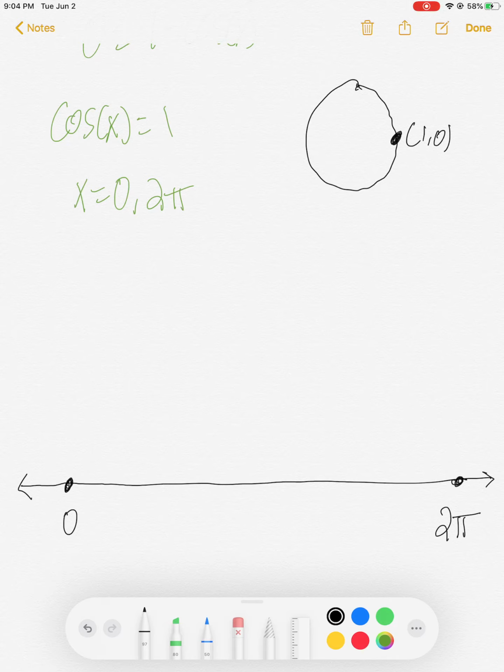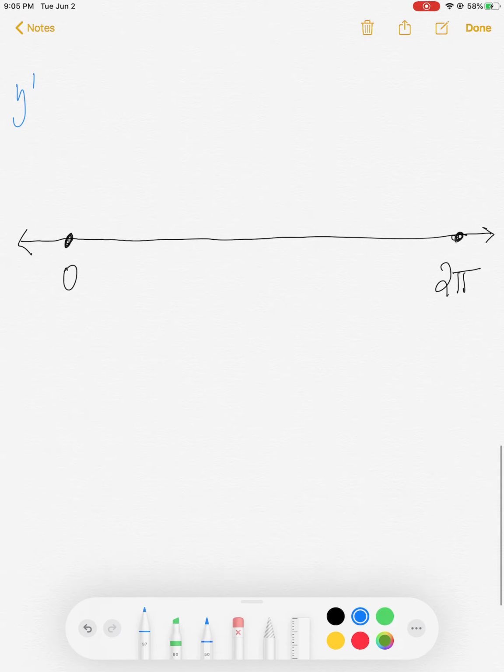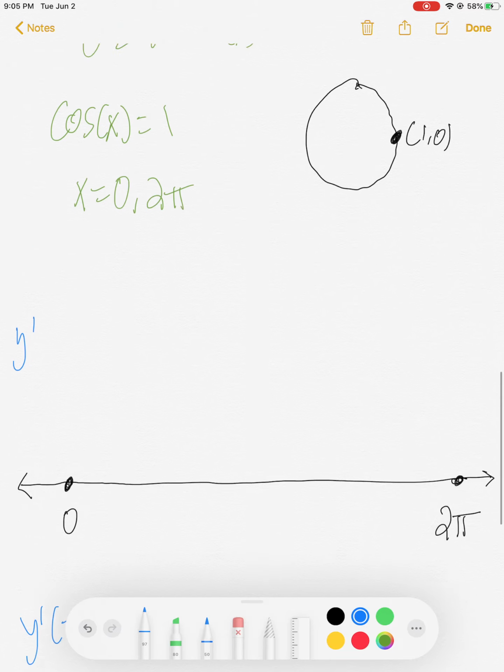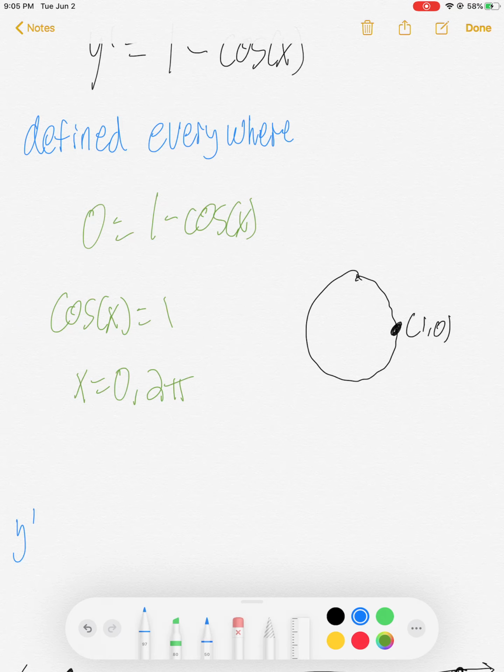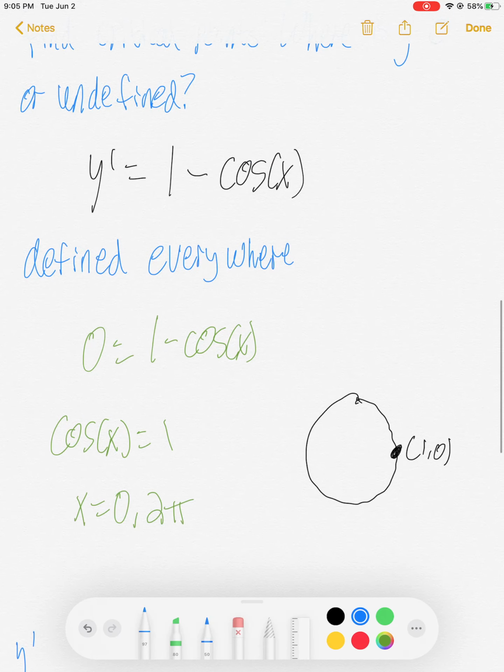So we want to know what is happening at these points. Well, what is happening to the derivative on the inside, right? We want to know, remember, what f prime of x is doing in the middle here, to the right of 0 and to the left of 2 pi. So y prime, I can plug in any point here, right?